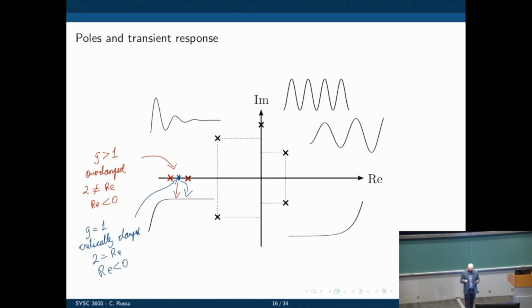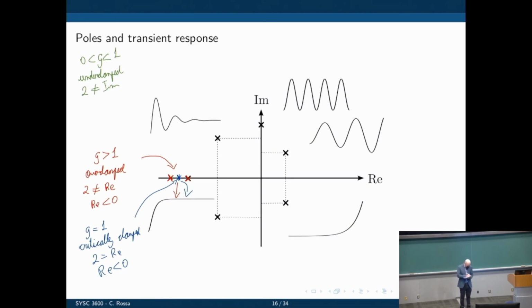The third case was now when we keep decreasing the damping ratio, and now we have zeta between 0 and 1. Now zeta is smaller than 1. This is an underdamped system. We have two distinct imaginary numbers or complex conjugate numbers.